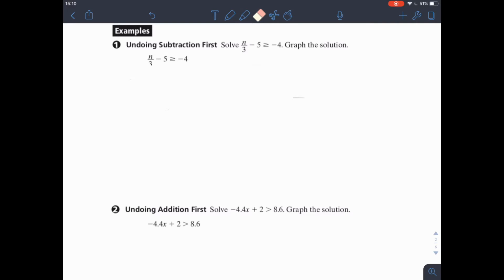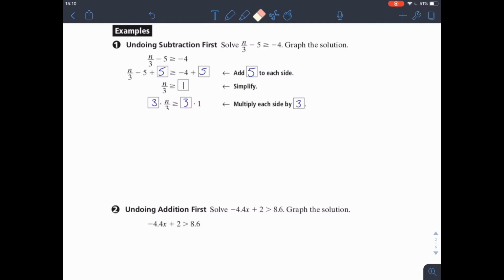First, I look for any addition or subtraction to undo. I see that I'm subtracting a 5 in this problem, so I'm going to add 5 to both sides of my inequality. When I do that, I am left with n over 3 is greater than or equal to 1. Next, I see that I have division, so I'm going to undo it with multiplication.